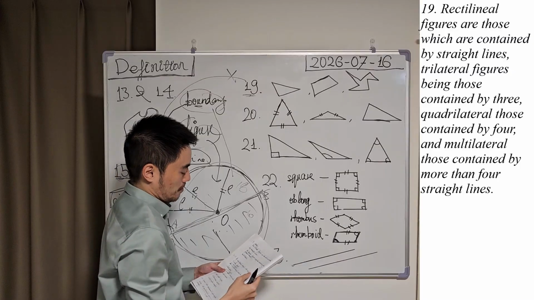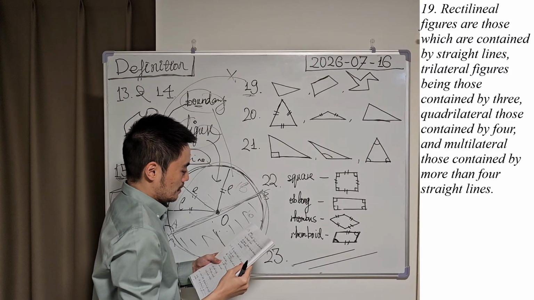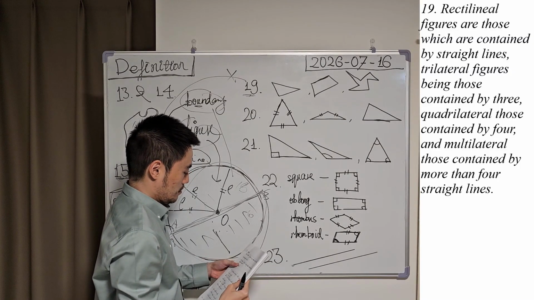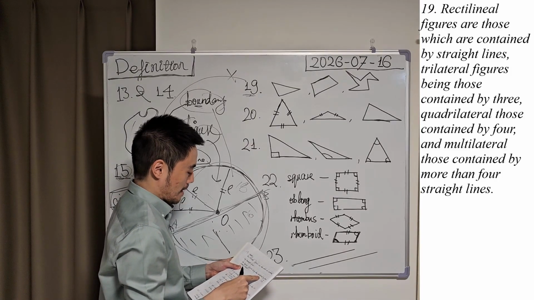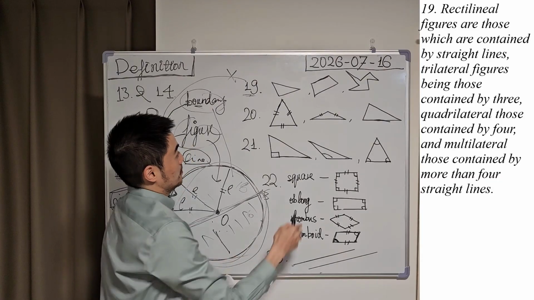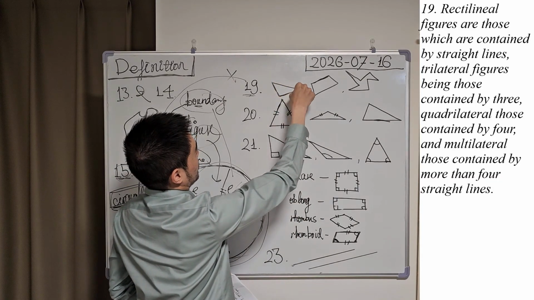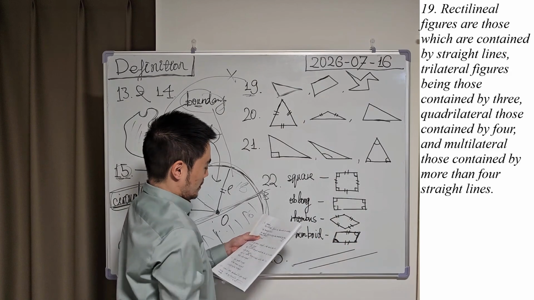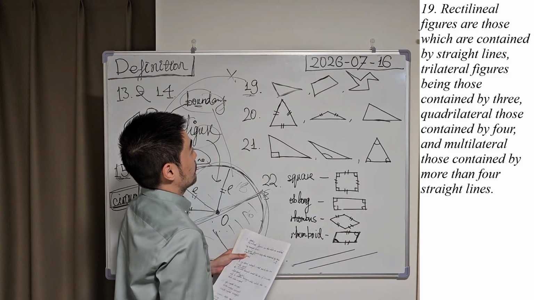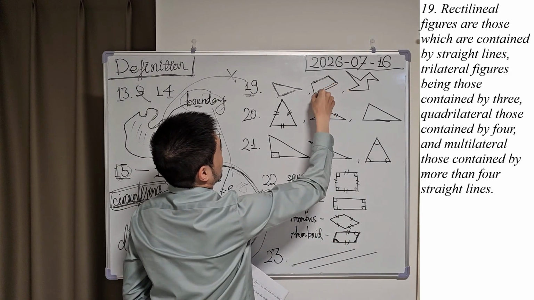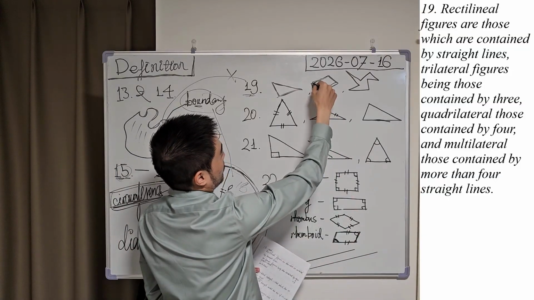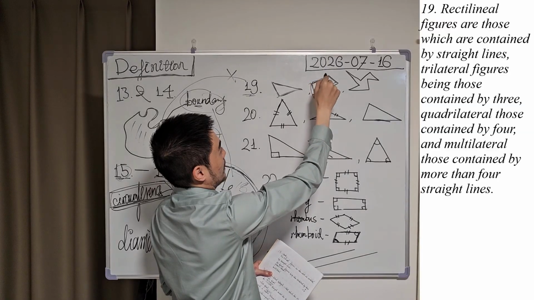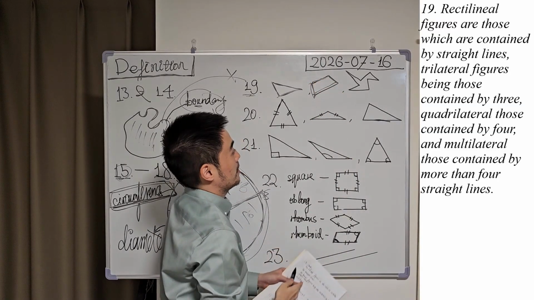Three pretty straightforward definitions. A trilateral figure is one contained by three straight lines, we can see these 3 straight lines, so it is trilateral. And if there are 4 straight lines like these, it is a quadrilateral. And if there are more than 4 straight lines, it is called a multilateral.